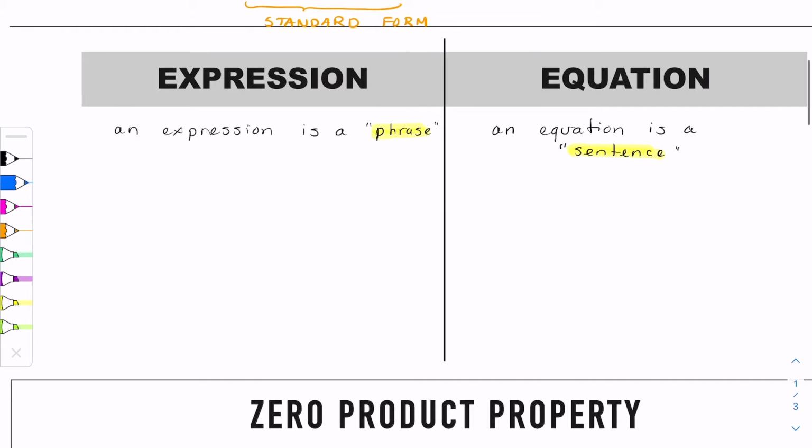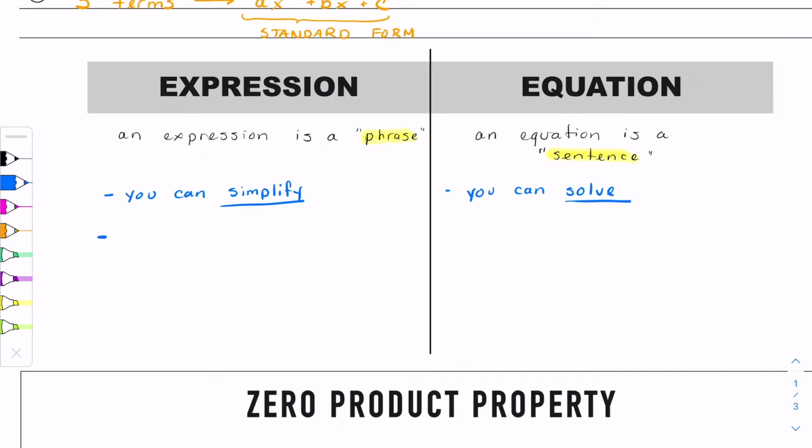To go on from there, you can simplify an expression, whereas you can solve an equation. An expression has no relation sign, while an equation has an equal sign. This is a huge one right here.